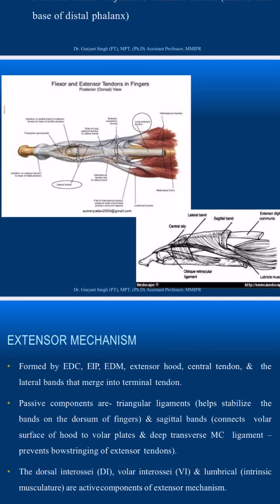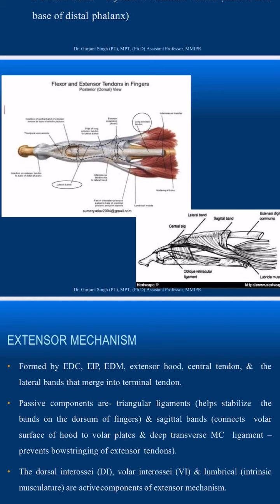But to extend the PIP and DIP joints together, the extensor digitorum communis muscle requires active assistance. The other active forces that are part of the extensor mechanism are the dorsal interossei, volar interossei and lumbrical muscles. These muscles pass volar to the metacarpophalangeal joint, in front of it towards the palm side, and create a flexor force at the joint.